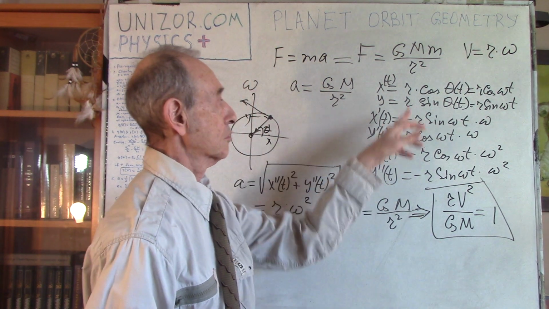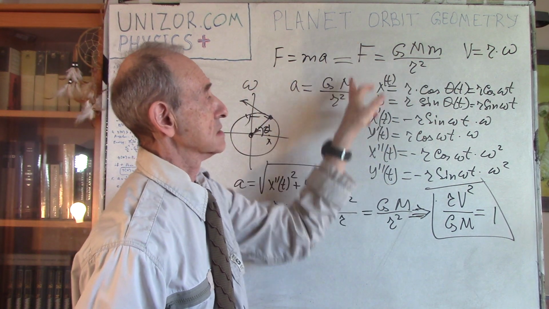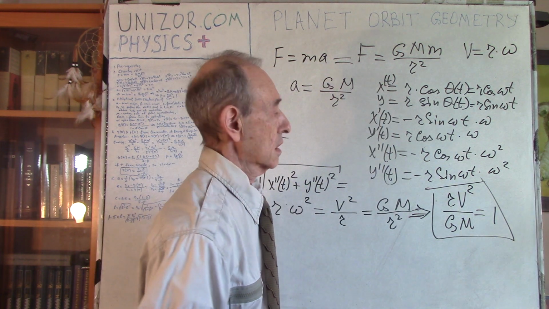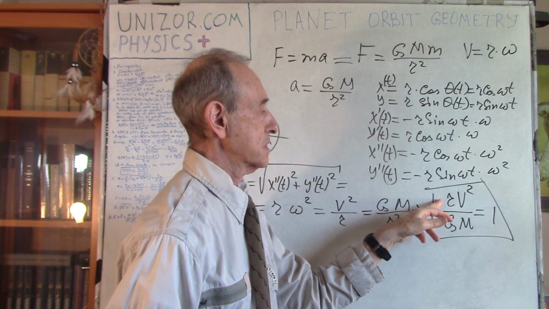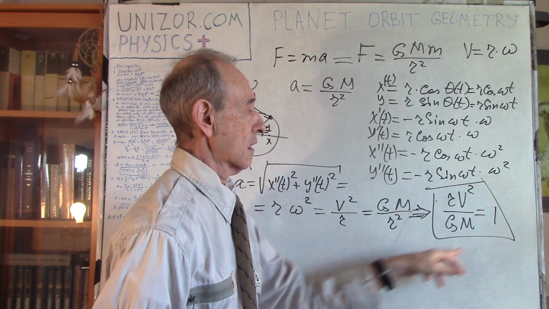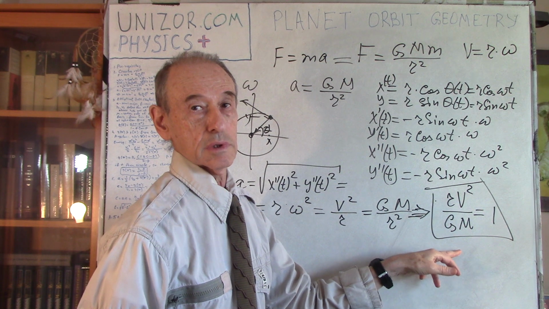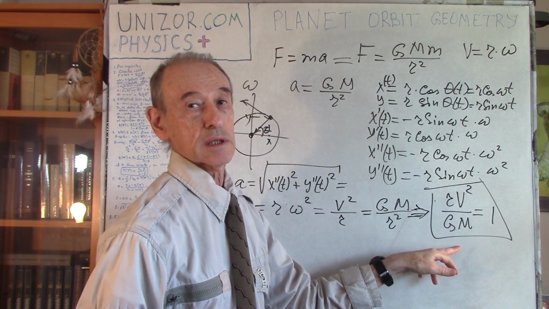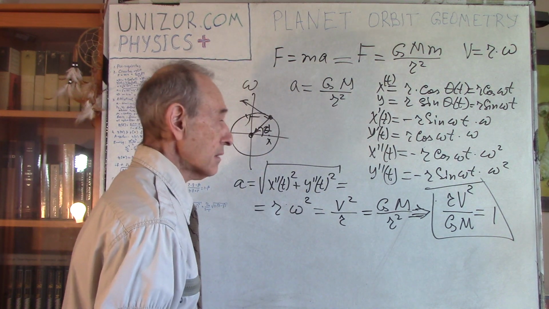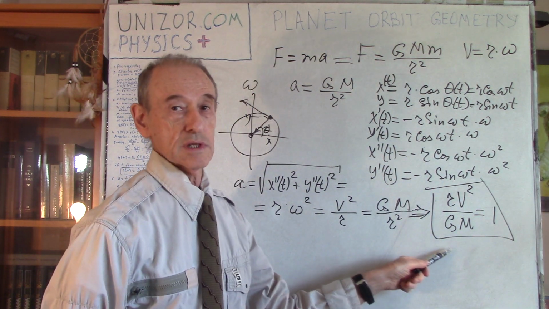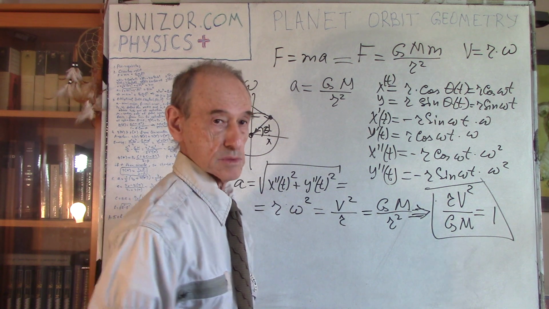It's not related to the mass of the planet, by the way. Mass is cancelled out from the very beginning. So for any planet, if its radius and velocity are of this type, that is a necessary condition for being in a circular orbit. And apparently this particular ratio is very important for elliptical orbits as well.